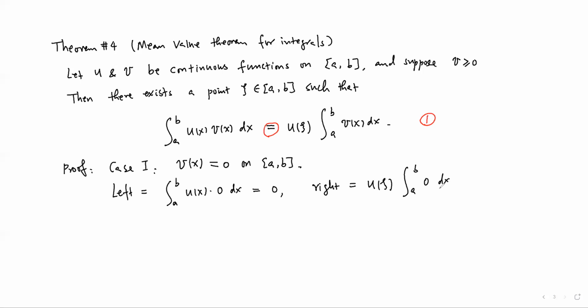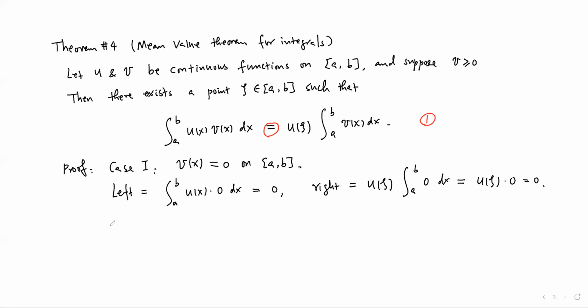Integral is the net area between the graph of the integrand, the function, and the x-axis, and between A and B. So in this case the area integral is 0. So psi times 0 is 0. So this case clearly is true.